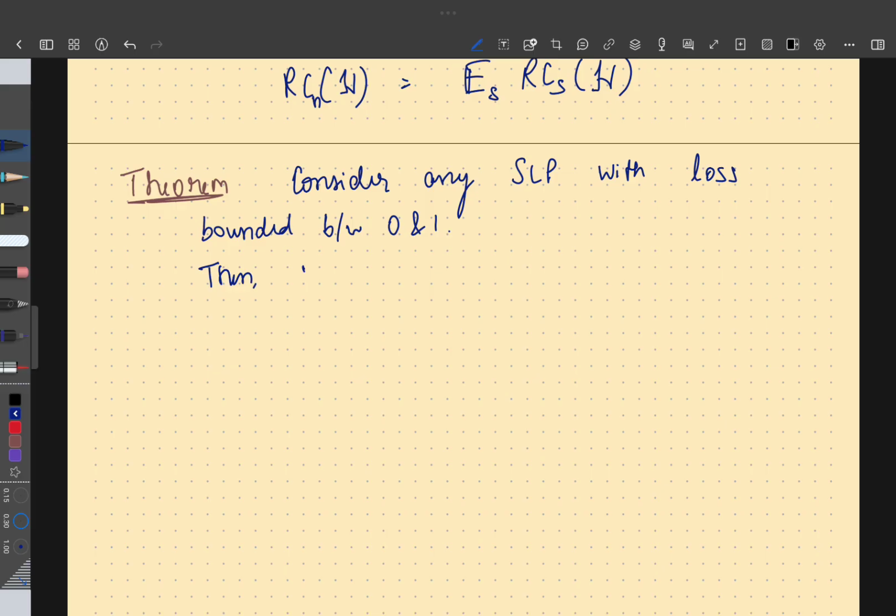Then, let me state it the following way.